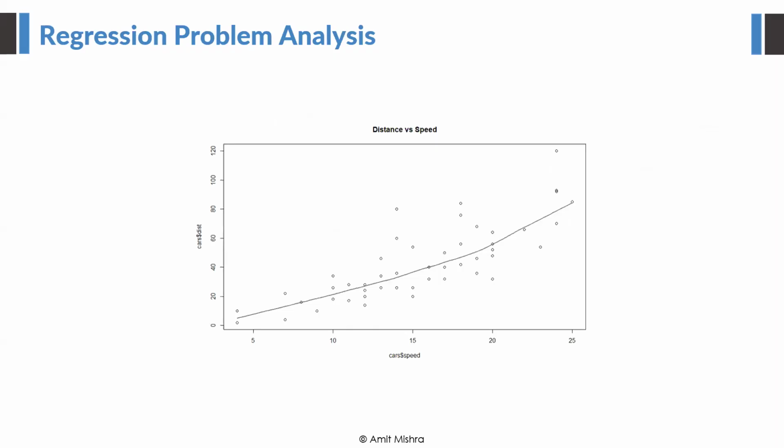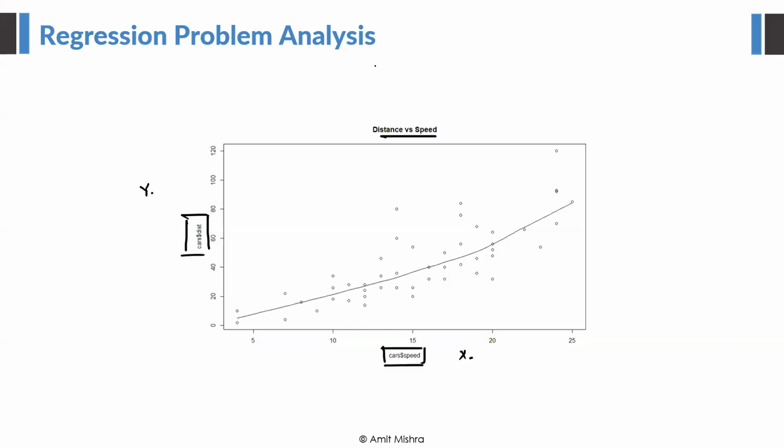For example, a very simple problem statement that linear regression can solve: you are provided with the speed of the car and the distance traveled. You can establish a linear relationship between the distance traveled and the speed of the vehicle. The speed is represented as x and the distance is represented as y.